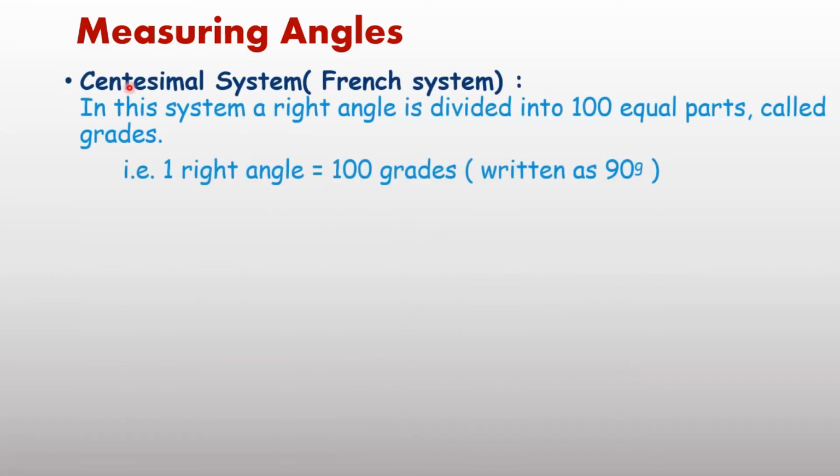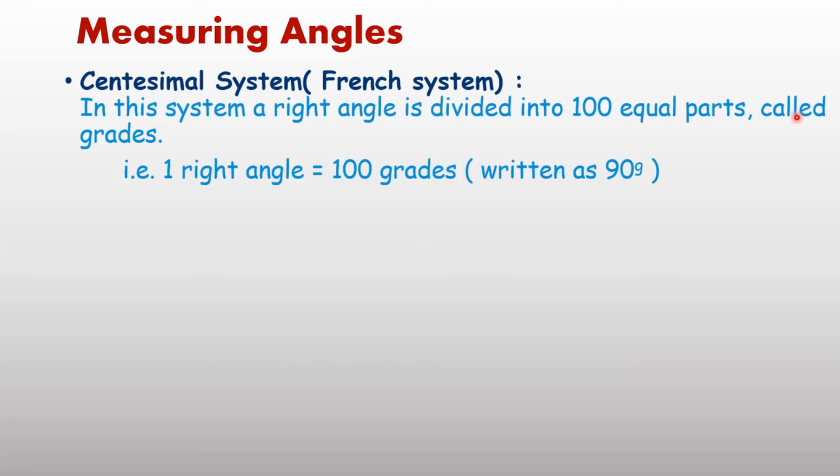The third measurement of angle is the centesimal system, which is known as the French system, which is not included in the class 11 syllabus, but you should know it. In this system, a right angle is divided in 100 equal parts. In the sexagesimal system, a right angle is divided in 90 equal parts, but here in 100 equal parts.